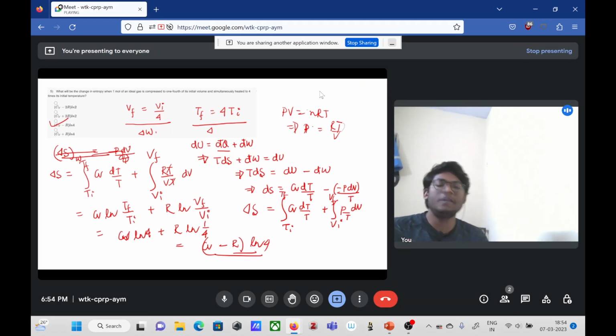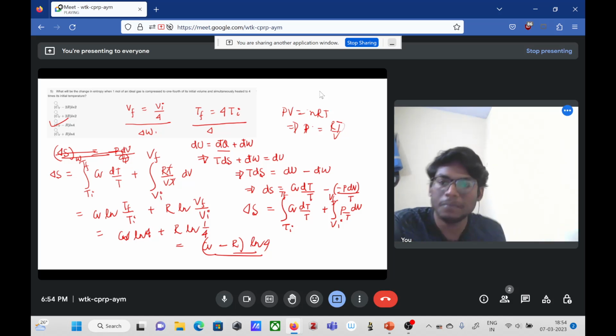so let me repeat it once so that you can follow it. Vf, which is the final volume, is Vi by 4, and Tf is 4 Ti, meaning the initial temperature times 4. Now we know from the first law of thermodynamics that dU is equal to dq plus dw. For a reversible process, we can write dq, the heat exchange, as an exact differential, that is TdS.